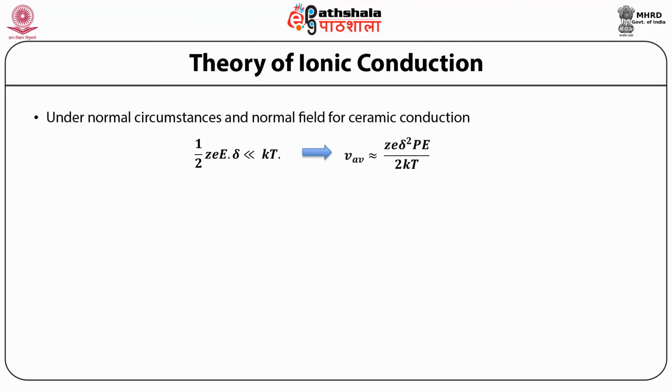So this modifies our equation and the equation becomes V average is approximately equal to ZE delta square PE by 2KT. However, if 1 by 2 ZEE delta is much greater than KT, then V average is approximately equal to A times exponential ZEE by 2KT.